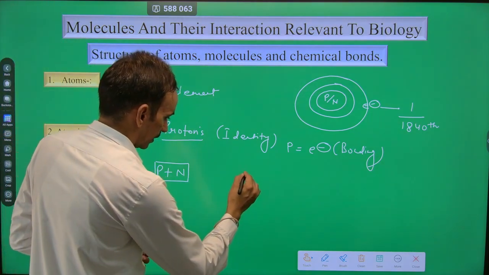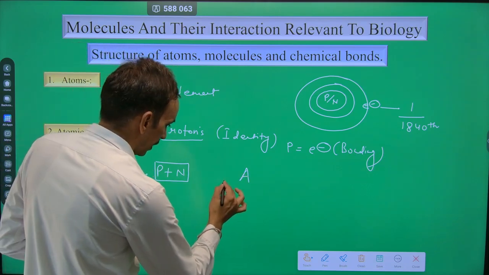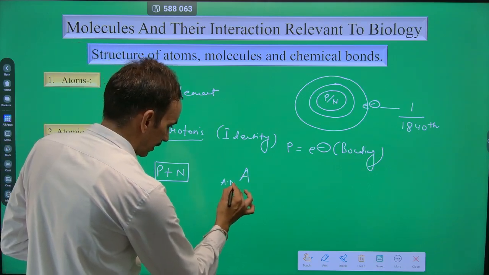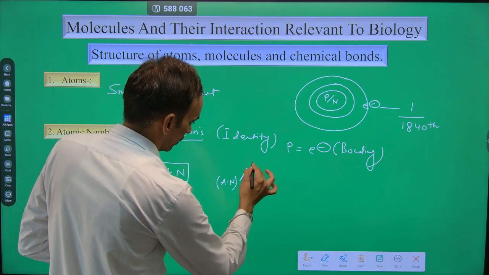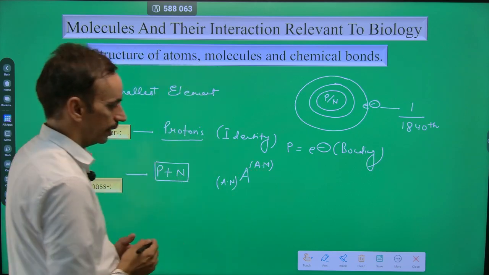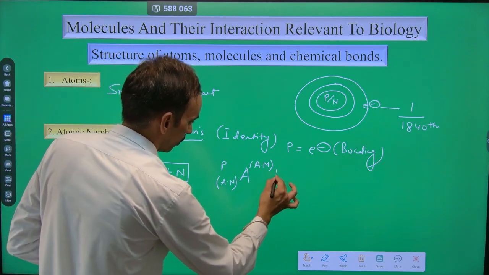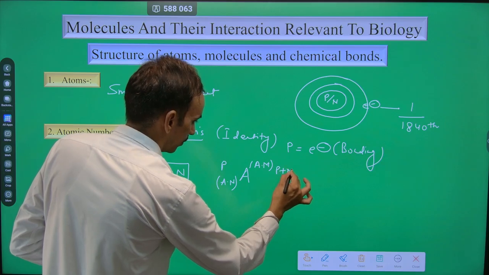If we take an example, or if we denote an atom with A, सबस्क्रिप्ट में आप एटॉमिक नंबर लिखेंगे और सुपरस्क्रिप्ट में आप लिखेंगे एटॉमिक मास को. So atomic number is simply the number of protons, while atomic mass is the number of protons plus the number of neutrons.